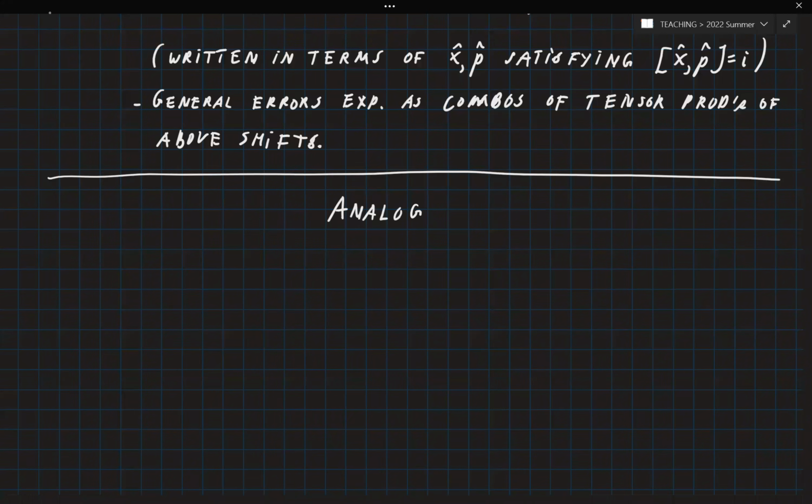This non-practical class of codes is called analog stabilizer codes. And this is the naive extension of the qubit stabilizer formalism to bosonic modes.